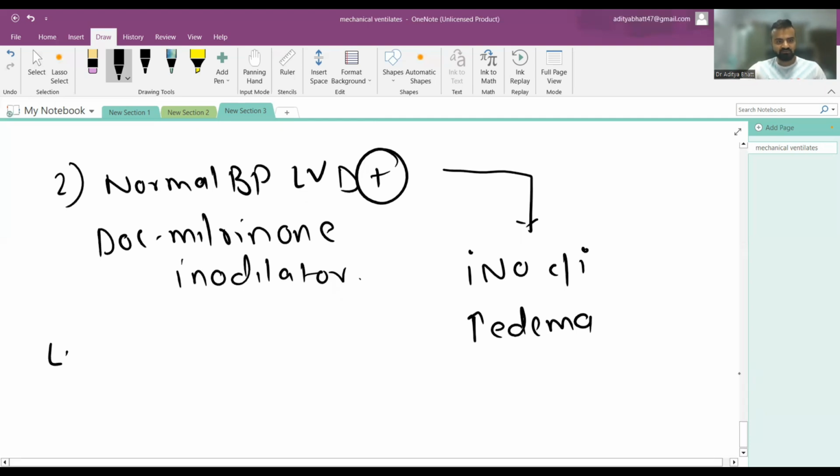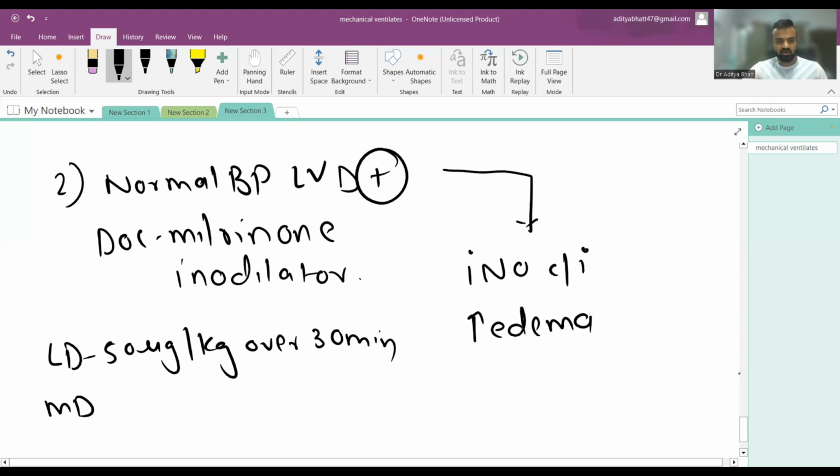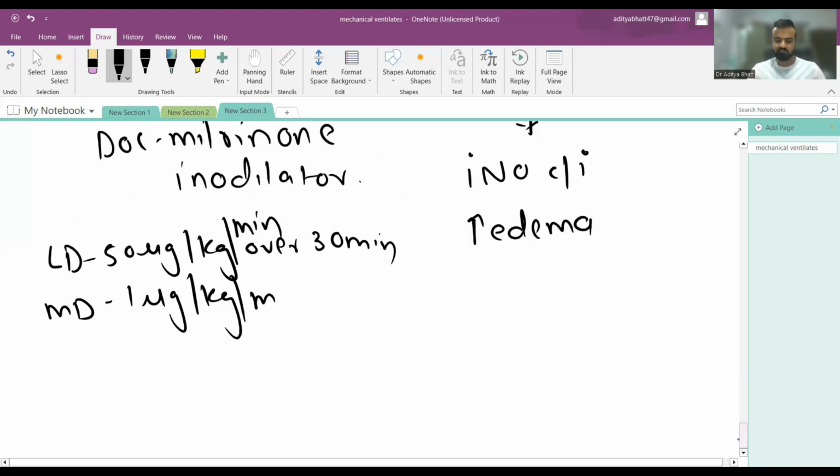The loading dose of milrinone is 50 microgram per kg over 30 minutes, followed by a maintenance dose of 1 microgram per kg per minute. This is the maintenance dose that you have to give for milrinone. So this is very, very important.